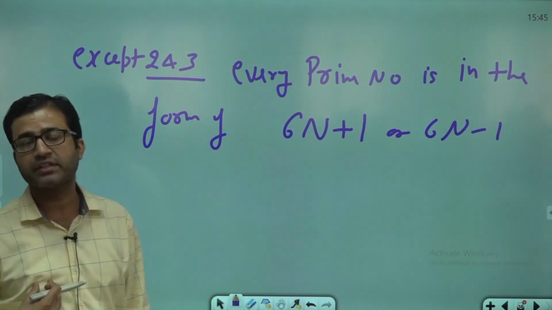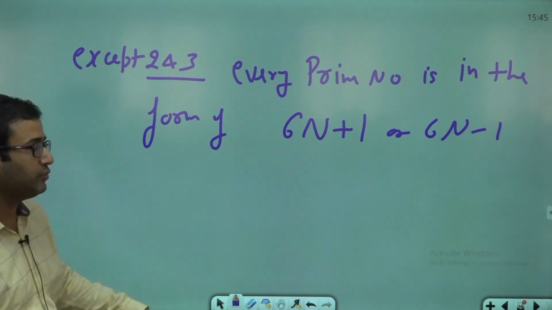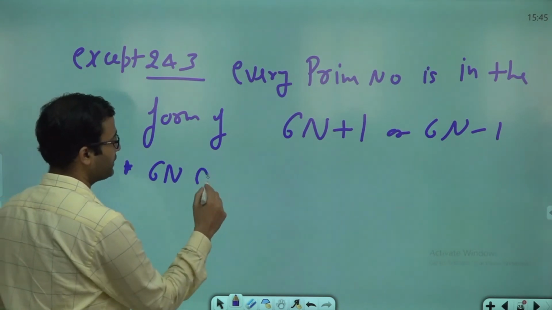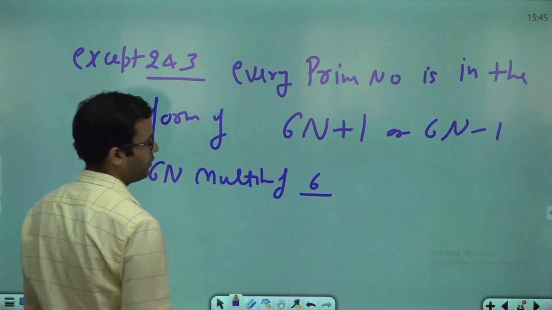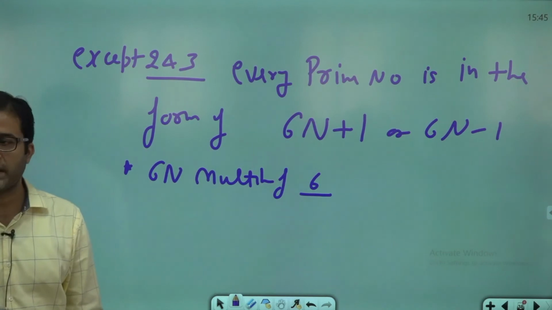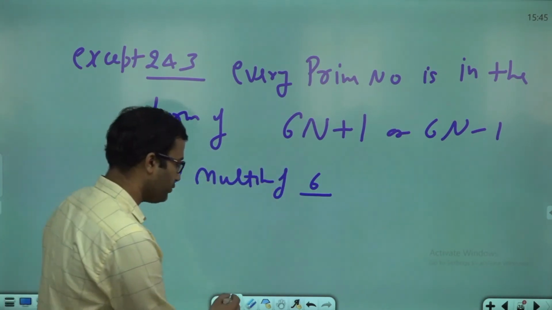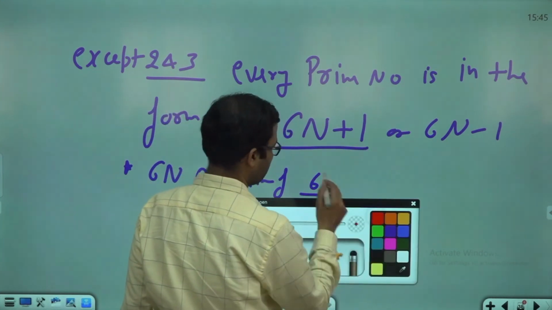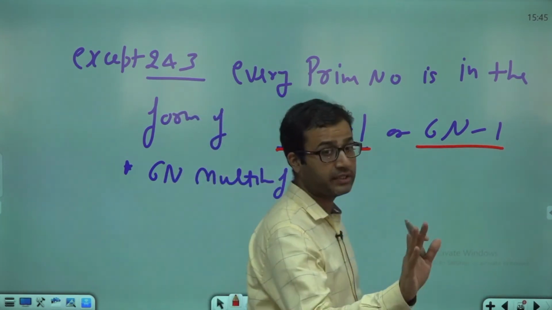I tell you what I mean. 6n means a multiple of 6. The value of n can be anything: 1, 2, 3. n can change. It means a multiple of 6 plus 1 and a multiple of 6 minus 1, except 2 and 3.